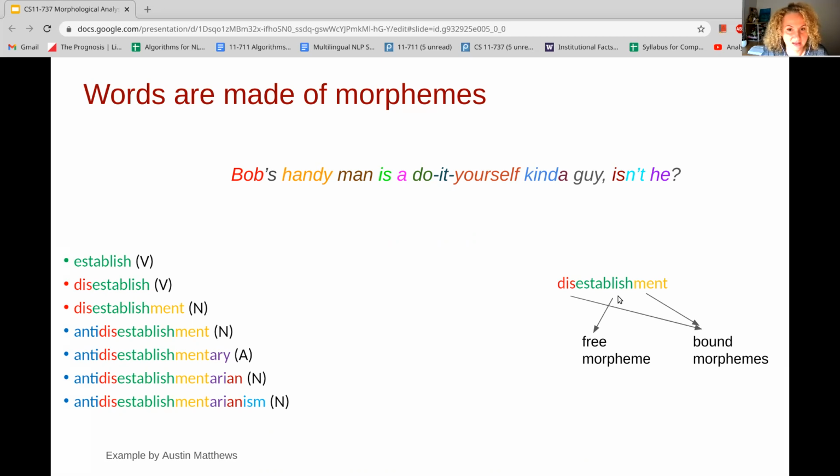And there are free morphemes, morphemes that occur independently, for example, the word establish. And there are bound morphemes, those that are attached to other words. So in the word disestablishment, establish is a free morpheme, but the prefix dis and suffix ment are bound morphemes.